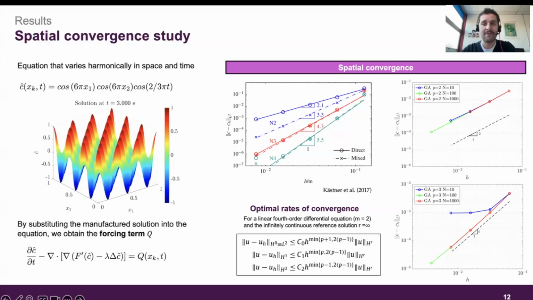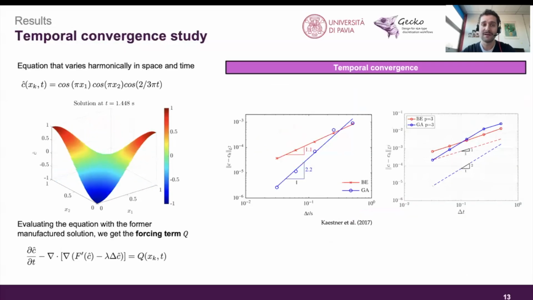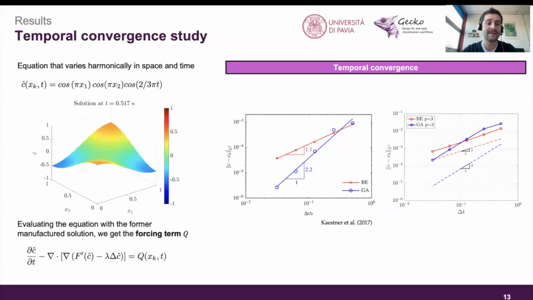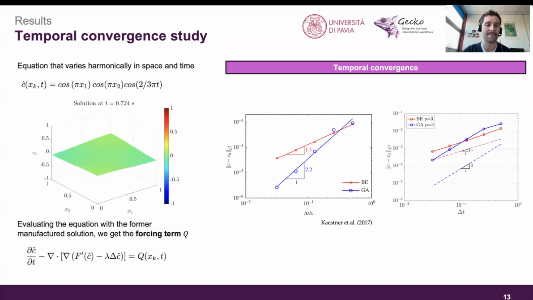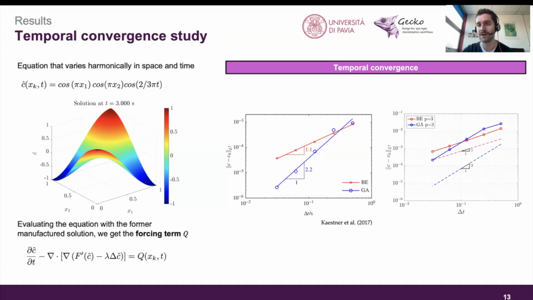And we achieved the expected convergence rates for both space and time, using in the temporal convergence a slightly different equation by changing the phase of the cosine functions, but essentially we obtain the expected convergence rates.